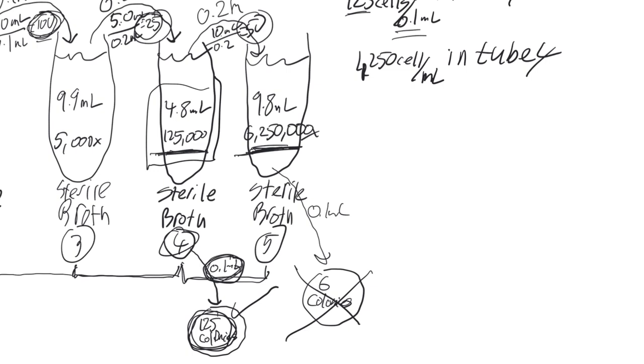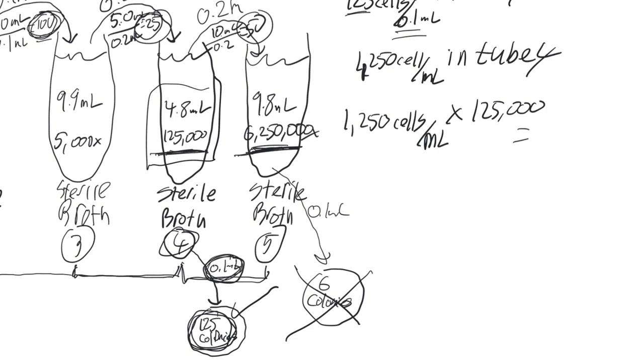Now we also know that tube 4 is 125,000 times more diluted than the first tube. So now if I take 1,250 cells per milliliter and multiply that by 125,000, that's going to give me the number of cells per milliliter in the first tube.